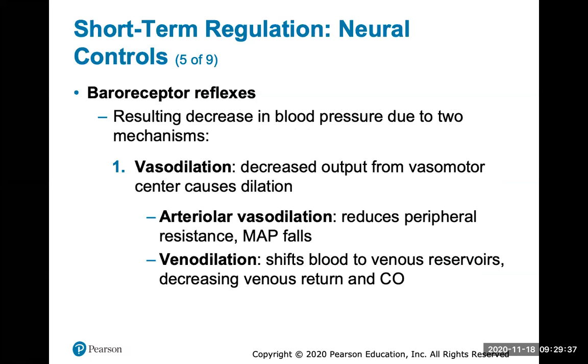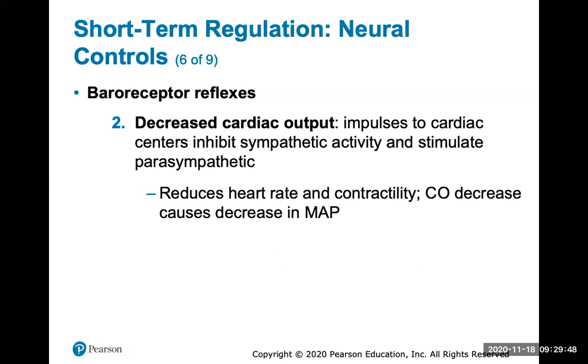The baroreceptor reflex will result in a decrease in blood pressure due to two mechanisms: through vasodilation, which is decreased output from your vasomotor center causing dilation, and also decreased cardiac output. Impulses to the cardiac centers will inhibit sympathetic activity and stimulate parasympathetic activity, which will reduce the heart rate and contractility of the heart.